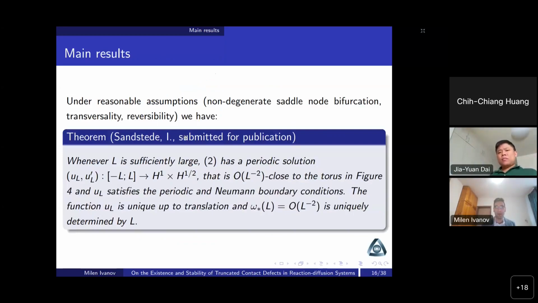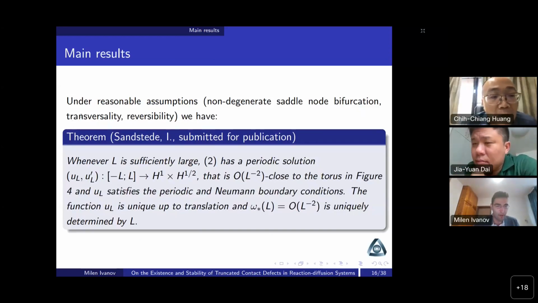Okay. So our main results are as follows. Under reasonable assumptions, which are non-degeneracy of the saddle-node bifurcation, transversality, which I mentioned when you asked about the spectrum, and reversibility, we have the following theorem, by Bjornstad and myself, which is submitted for publication.